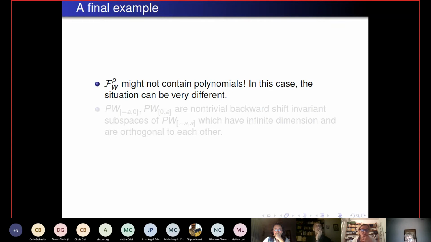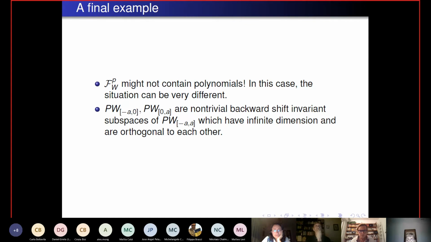And in this case, you cannot expect such a theorem. And the example is the pair... you see that these subspaces are certainly not ordered, that their intersection is zero.